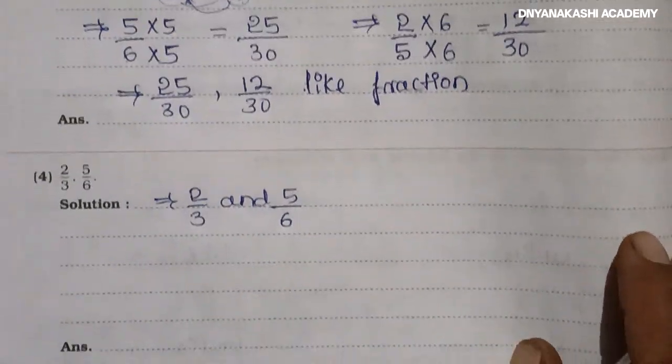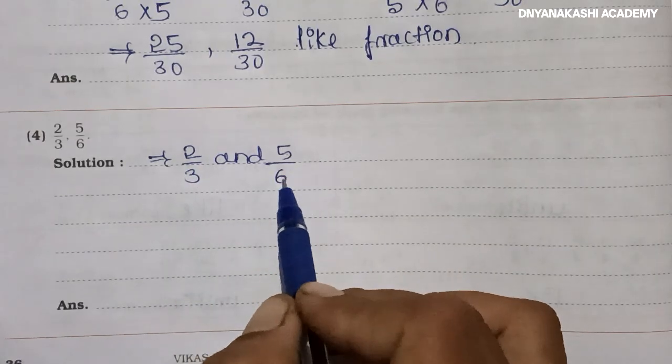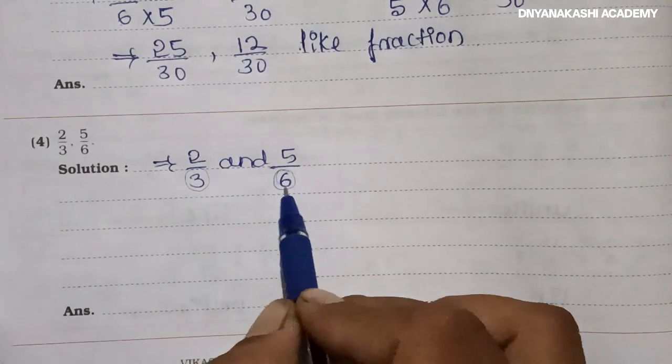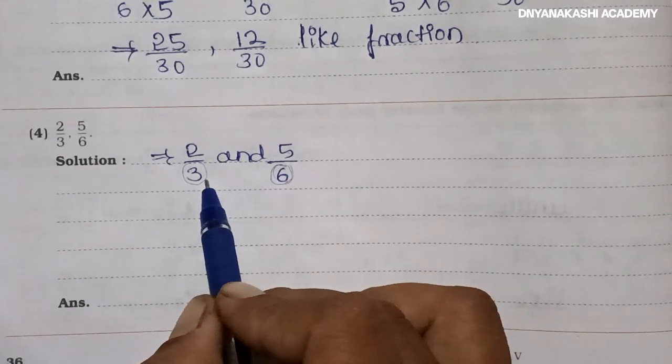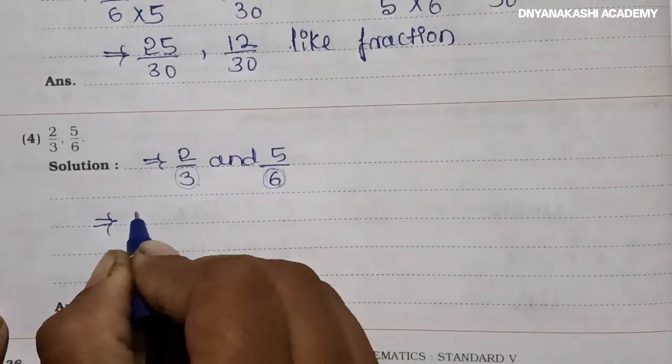Here in the fourth question, what happened? 2 by 3 and 5 by 6. Here 6 comes under the third table. That's why I converted it into like fractions.